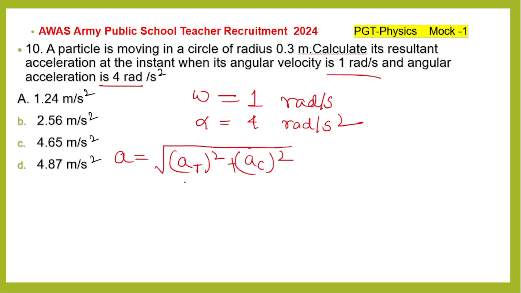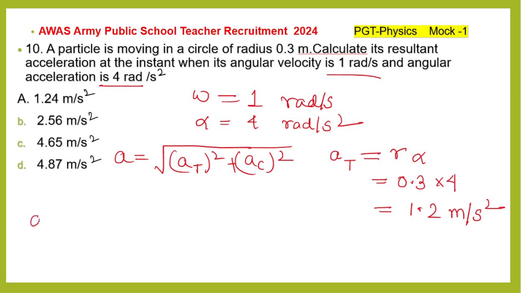at denotes the acceleration that is along the tangential, that is our tangential acceleration, and ac is our centripetal acceleration. The formula to find out the tangential acceleration is r alpha. r 0.3, alpha, that is 4, and it gives 1.2 meter per second square.